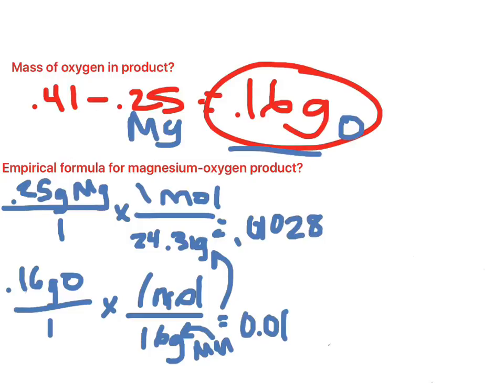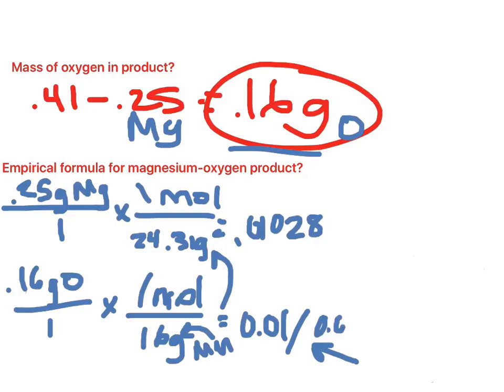But anyways, so then what you're going to do is you're going to take these numbers, and you're going to determine which one is the least. So, in this case, it's this one. Correct me if I'm wrong. Yeah. It's that one, because this one's 0.01028, so that one's a little bit bigger.